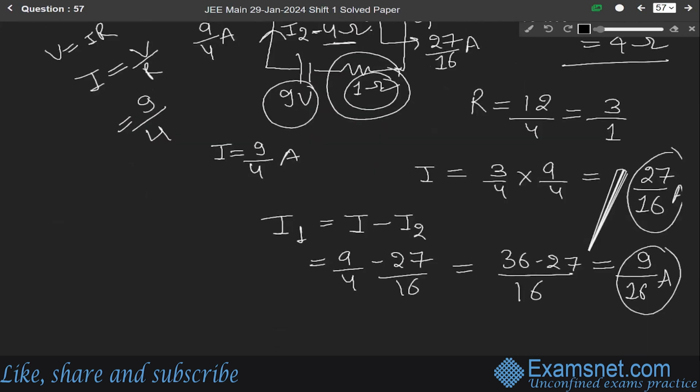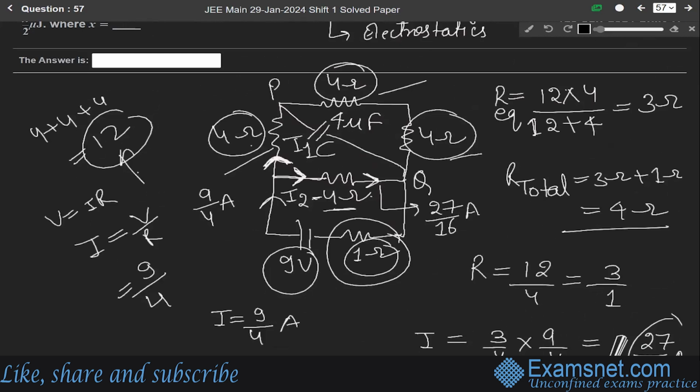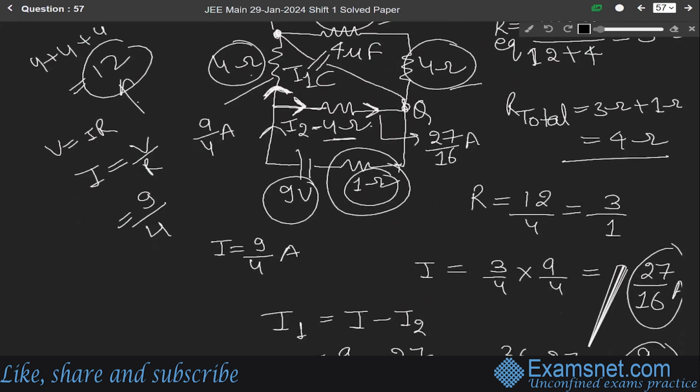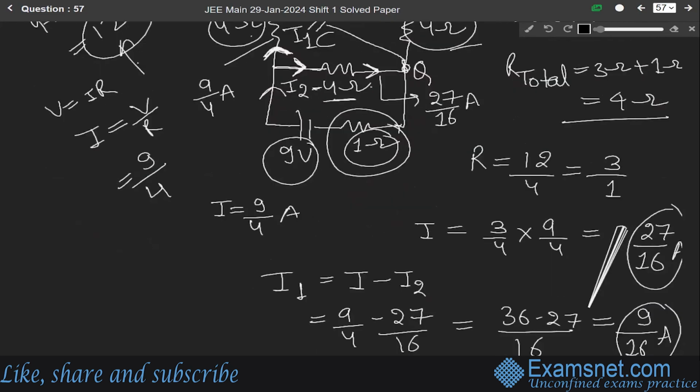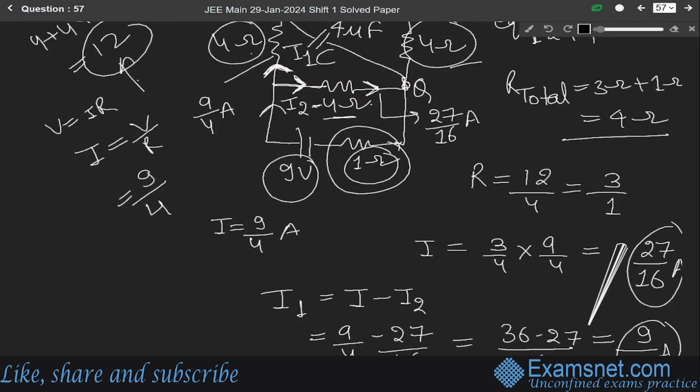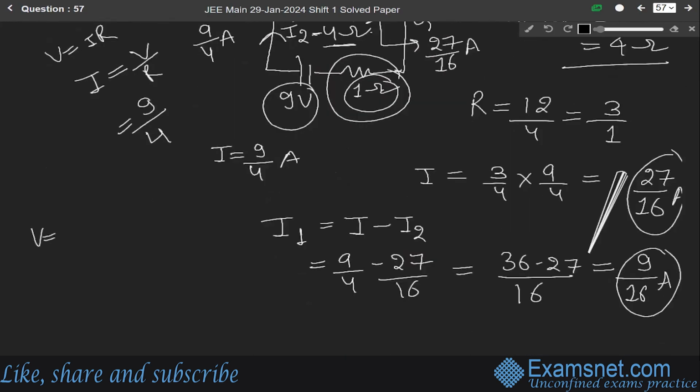Now we have to find the potential at point P and the potential at point Q. The potential at point P: since the resistor is 4 ohm, V equals IR, so VP will be equal to 9/16 ampere into 4, which means 9/4 volt.